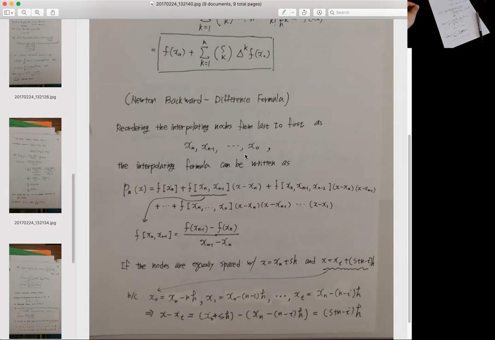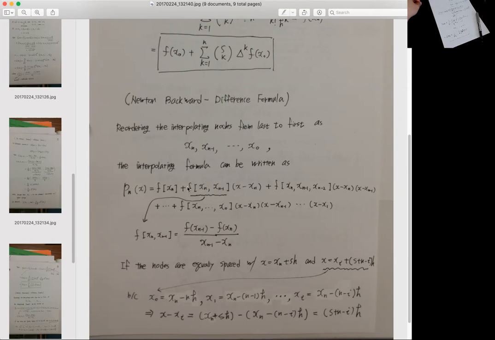So look at this. We're going to consider x sub n as the first node. Then we're going to consider x sub n minus 1 as the second node. Then Pn of x can be expressed like this: f of xn, plus divided difference f of xn and xn minus 1 times x minus xn, through the last term right there, right?